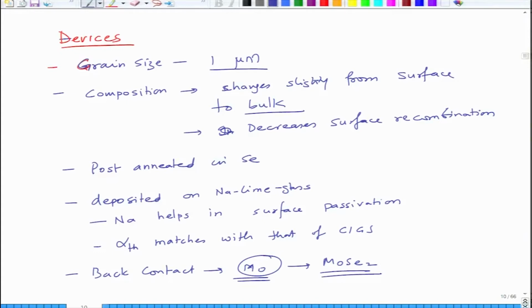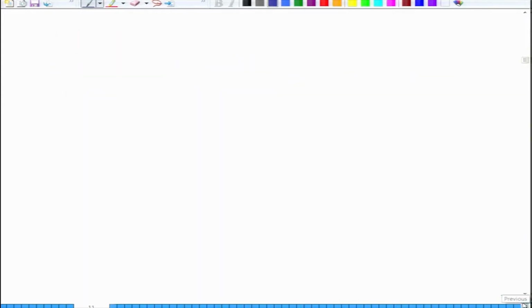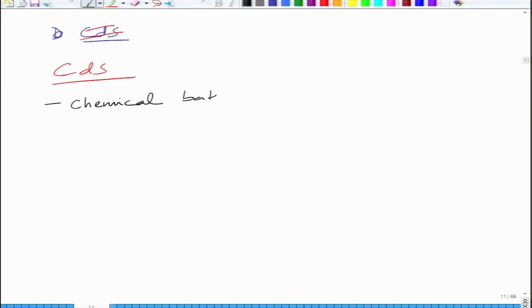So how do you make CIGS? Let us first look at that. CdS of course, as we said, is made by chemical bath deposition or sputtering, okay, and it is a very thin layer.